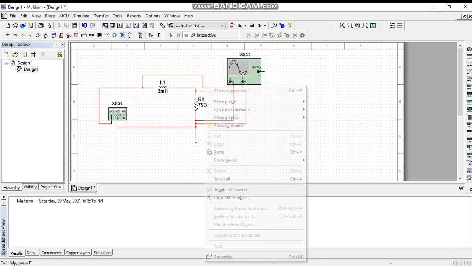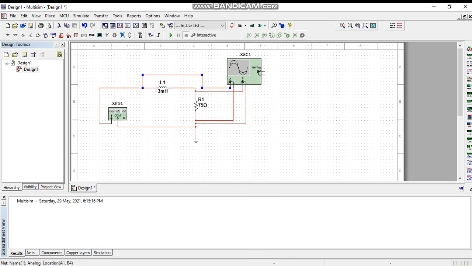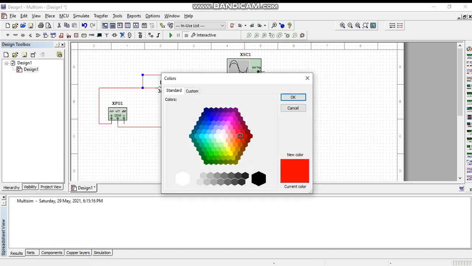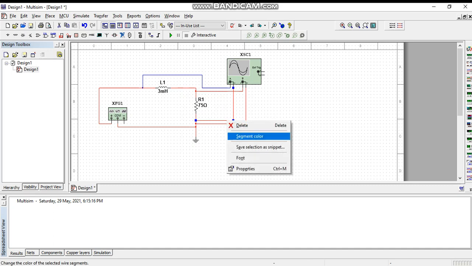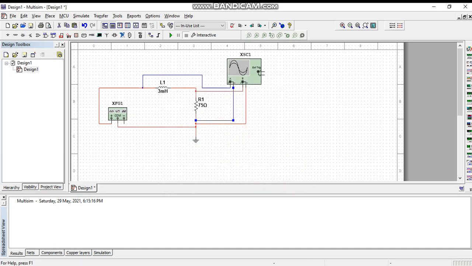We're going to change the color of the V in, channel A, to blue. So we can run.